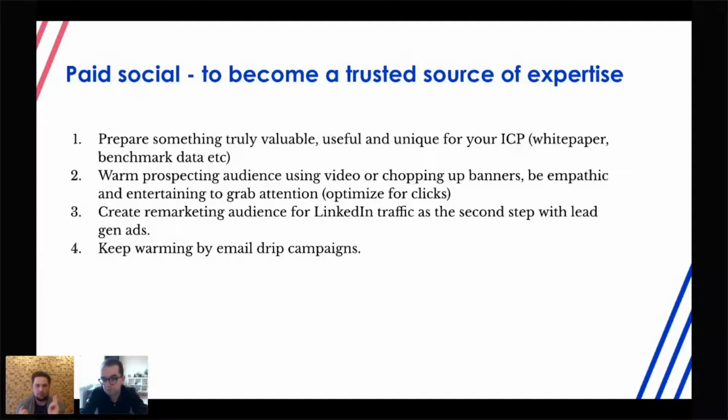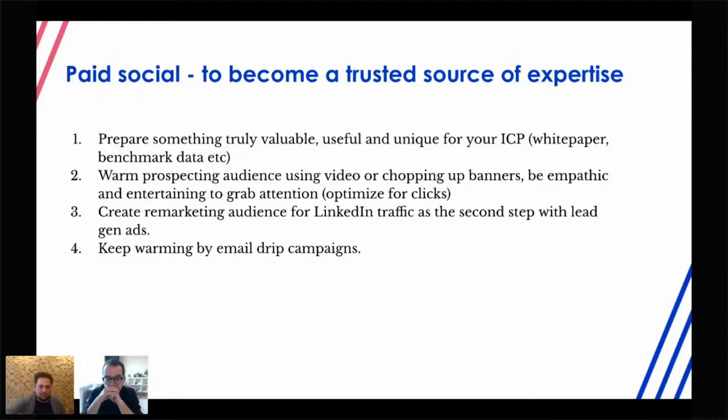Prepare something truly valuable and useful for our ICPs. It can be some kind of white paper or benchmark data. And create a campaign just for warming the prospecting audience by using videos, showing up banners, and entertaining to grab attention. Optimize that for clicks, not for conversions.